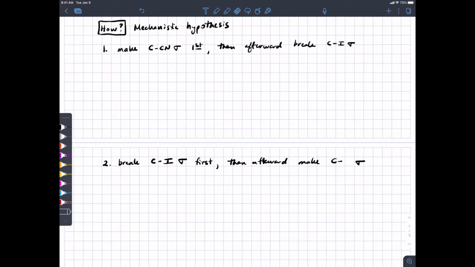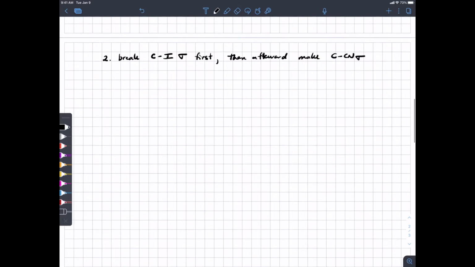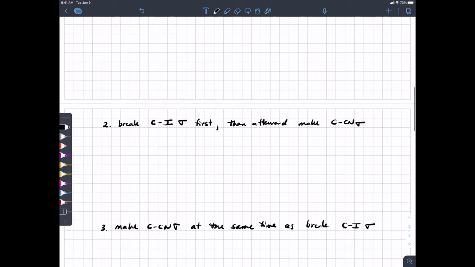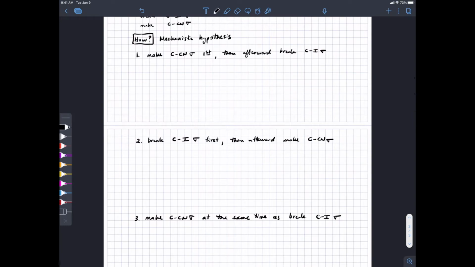Oops, sorry, carbon cyanide sigma bond. And then option 3 would be that we make the new carbon cyanide sigma bond at the same time as we break the carbon iodide bond. That makes sense? There's sort of 3 different extremes of mechanism that we can imagine.